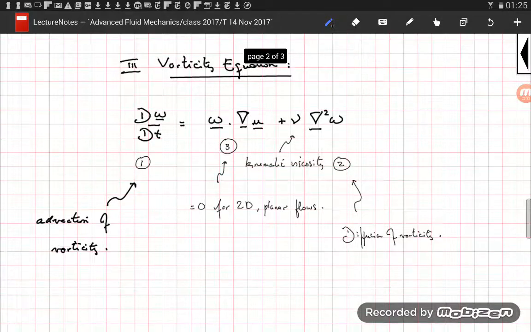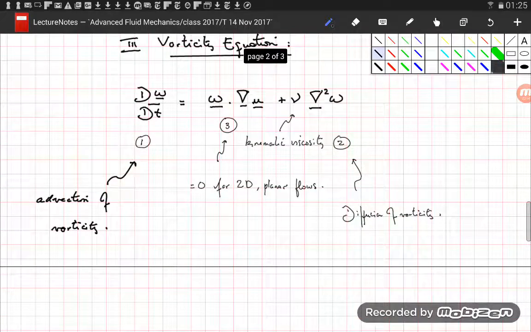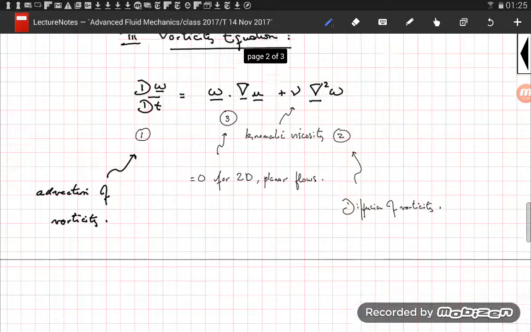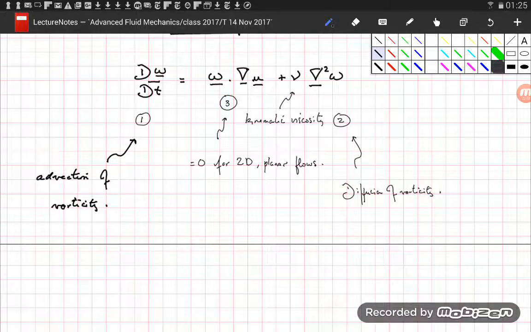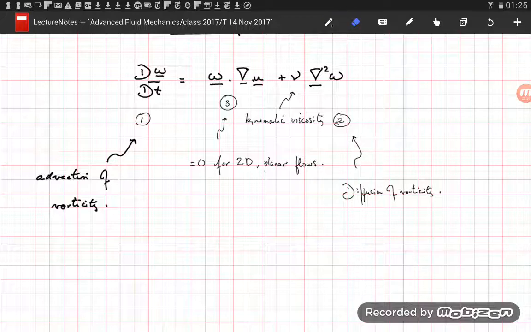Okay, just to make sure you see how vorticity can be transported, we'll take two examples to discuss what it means for vorticity to diffuse and what it means for vorticity to be advected. The first thing we'll discuss is the diffusion of vorticity. Let me change those numbers here.